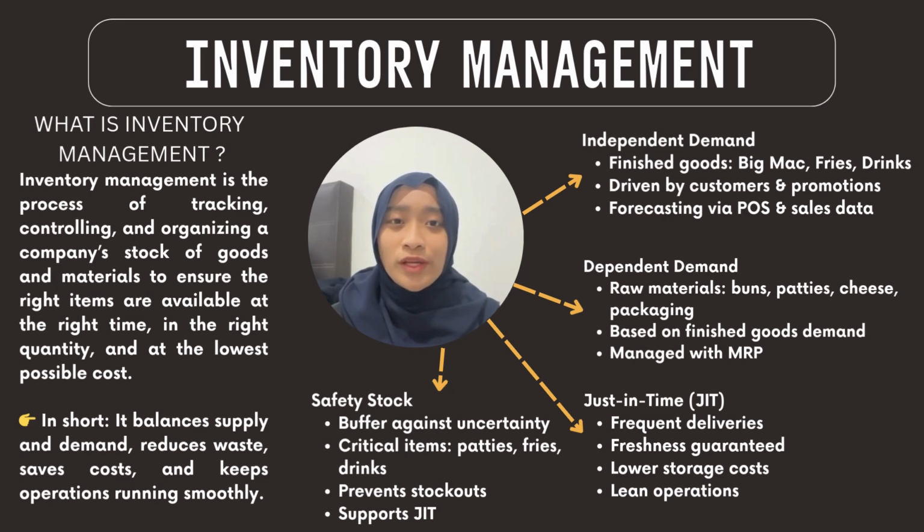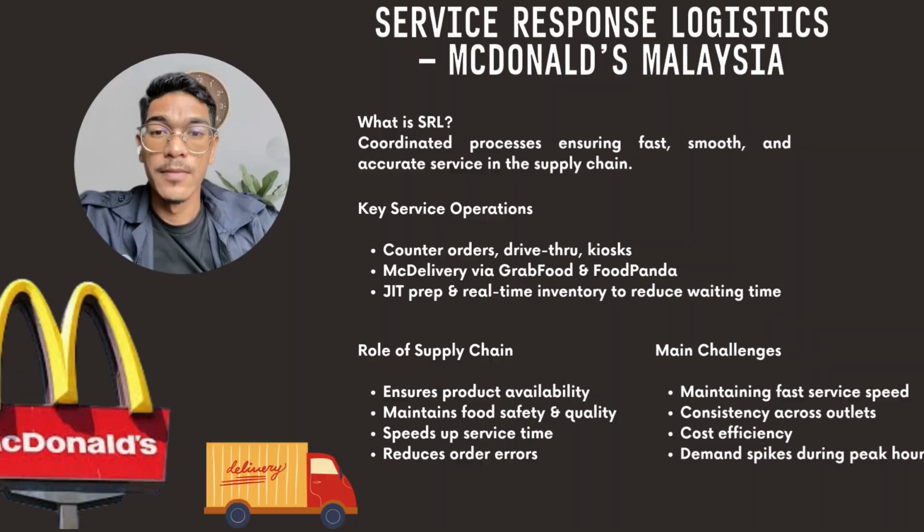Compared to reorder point, which triggers replenishment at a fixed threshold, JIT and safety stock are more flexible and suitable for McDonald's fast-paced operation. Finally, the company supports this model with inventory tools such as barcode, which are cost-effective for daily restaurant operation, and RFID, which improves bulk tracking and traceability in distribution centers. Together, these approaches ensure lean operation, reduce waste, and maintain customer satisfaction worldwide.